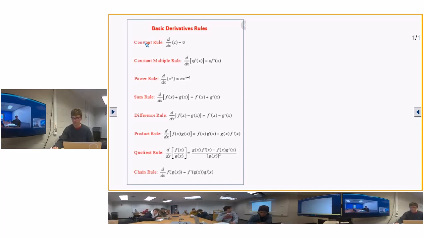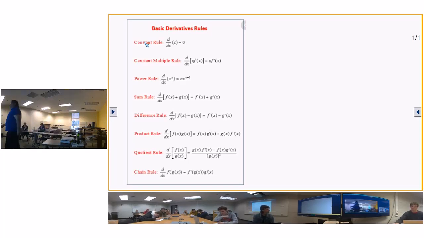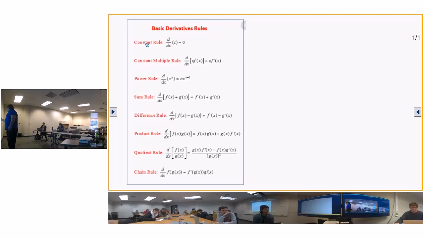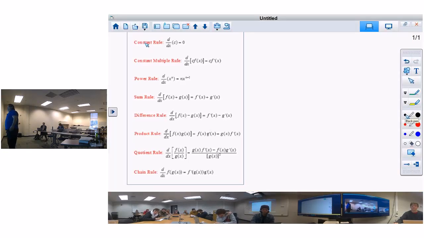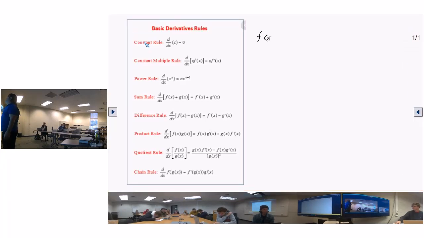I'll go ahead and start with the constant rule. Anytime you have a constant, f of x is equal to 4.